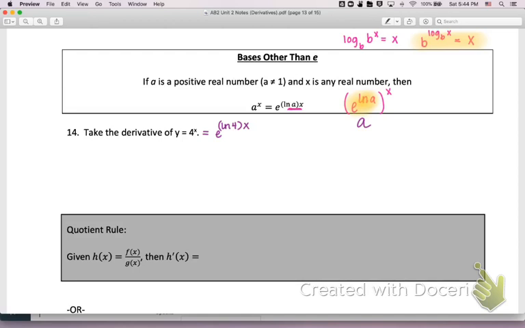But the way that you would do this is your derivative y prime would end up being the natural log of 4 times e to the natural log of 4 times x power. That's exactly how that would work out. I know that's a rule you don't know yet. We're going to get there. The focus is how would you rewrite the base? That's what I want you to know there.